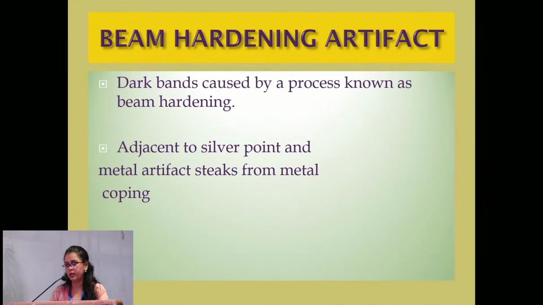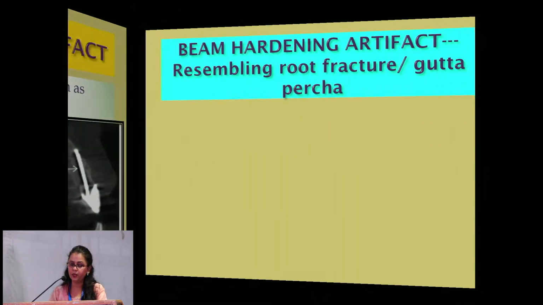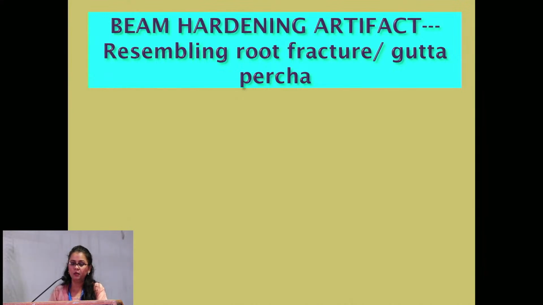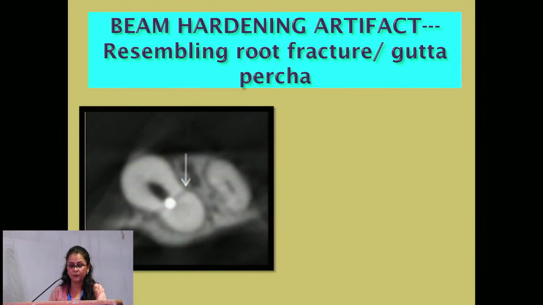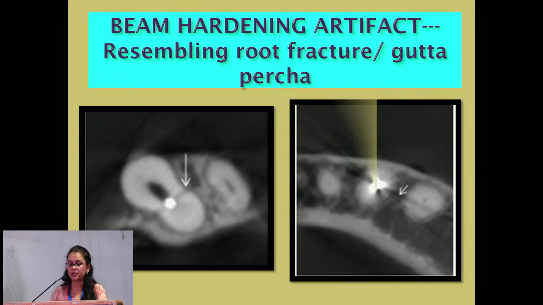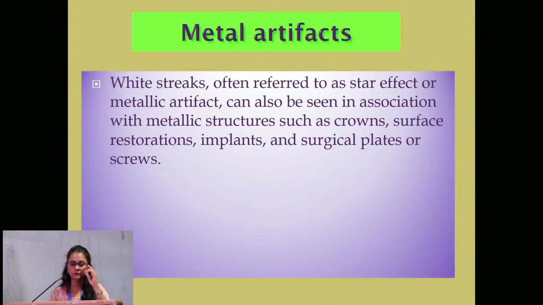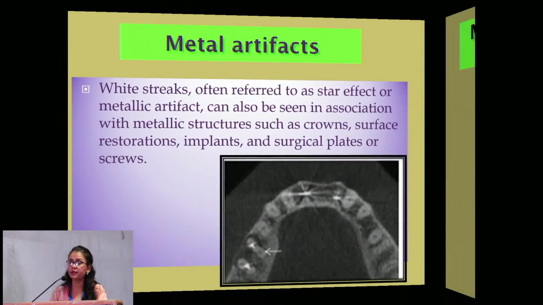There is a limitation. I will not go into detail about the limitations of CBCT. You do get a beam hardening artifact. Sometimes a beam hardening artifact resembles a root fracture, especially when gutta percha or a metallic crown is present. A metal artifact, streaking, can be seen.